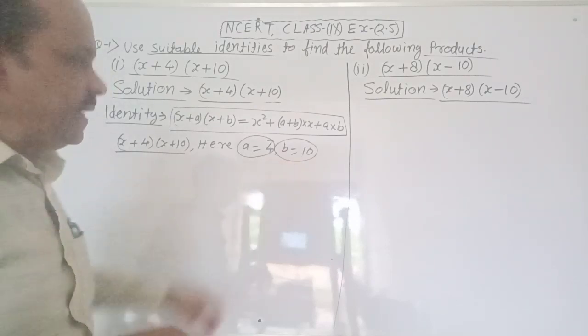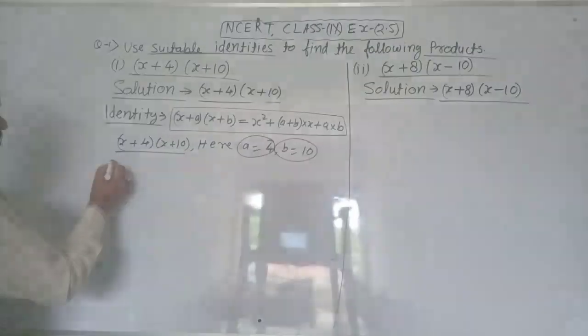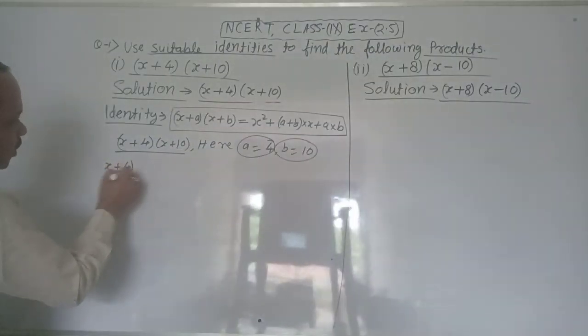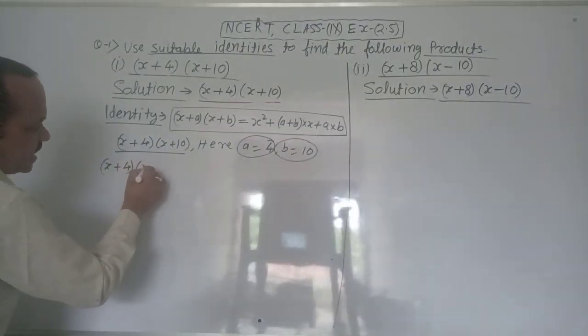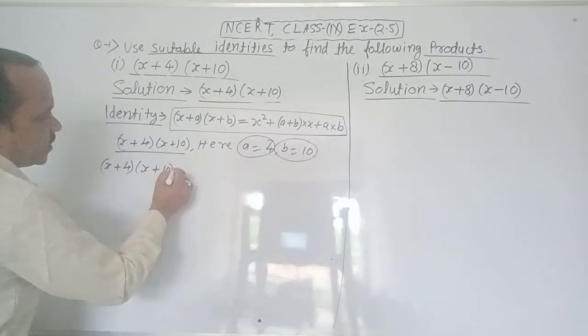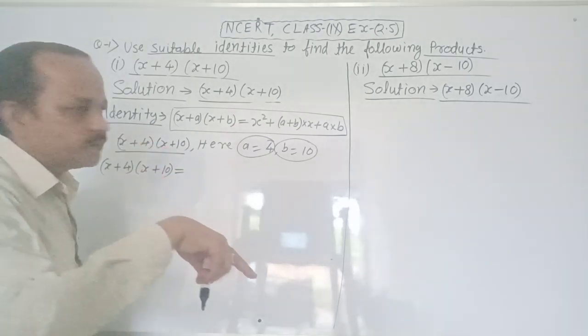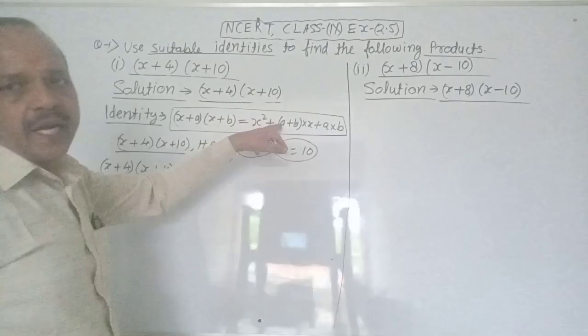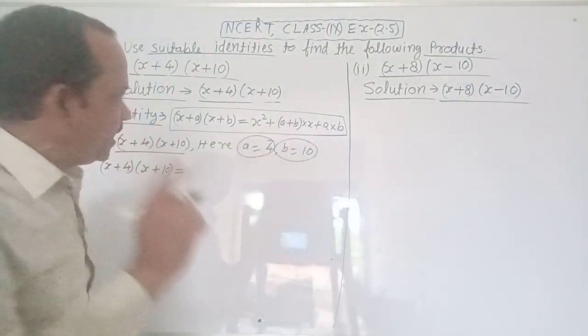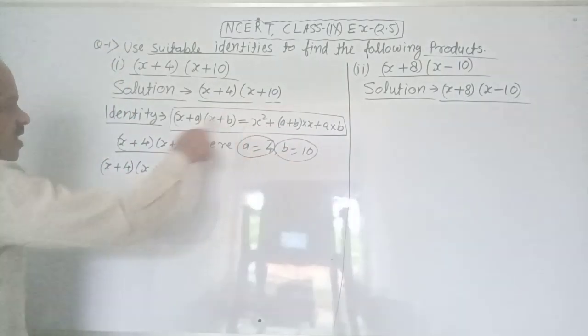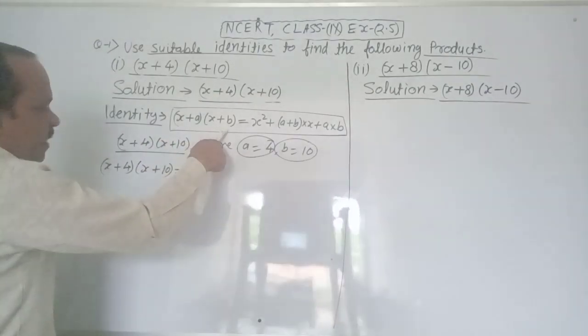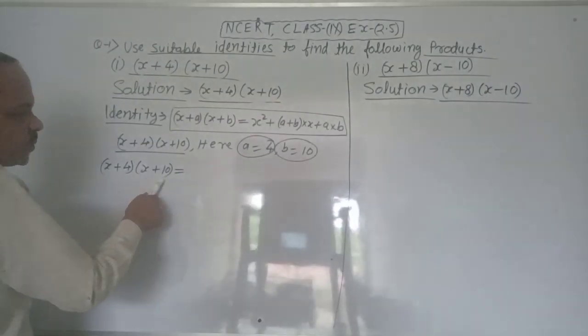So you can write it as x plus 4 in first brackets, x plus 10 in second brackets equals, by the help of this identity. Clear? Here x square, here x plus a, x plus b, here x plus 4, x plus 10.